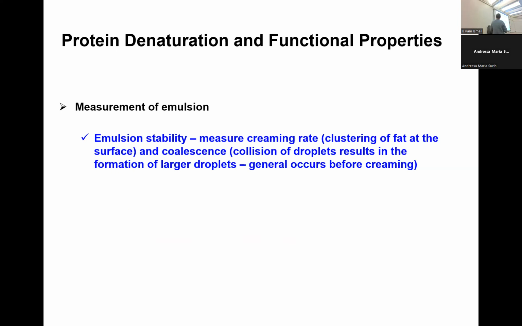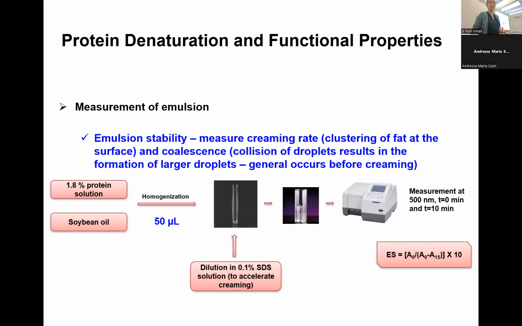Emulsion stability can be estimated in a method that you all love or hate. It's a very annoying method, but we have to figure out a way to determine emulsion stability in a short period of time so that you don't have to wait days or weeks to determine or predict the emulsion stability of different types of proteins. So we use this assay where you prepare a protein solution.